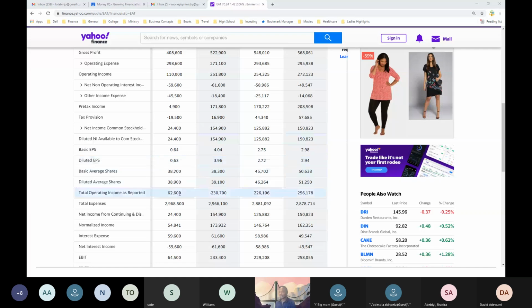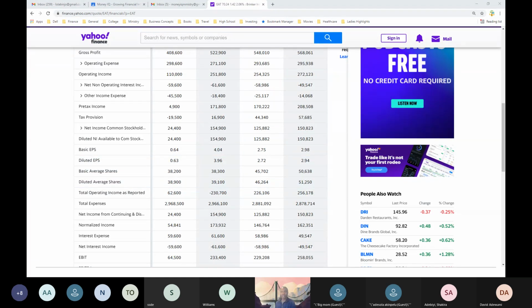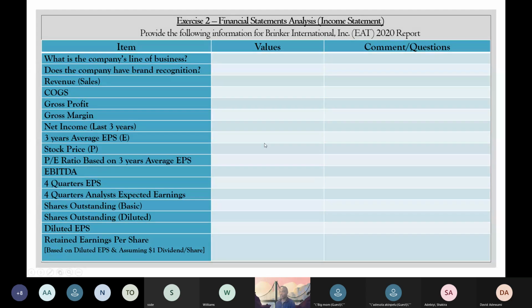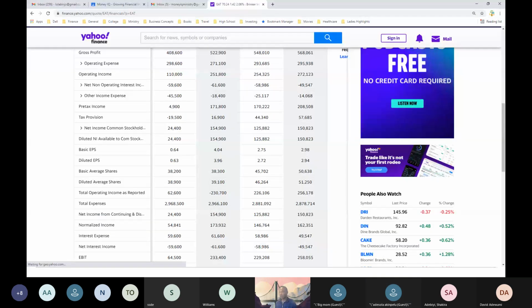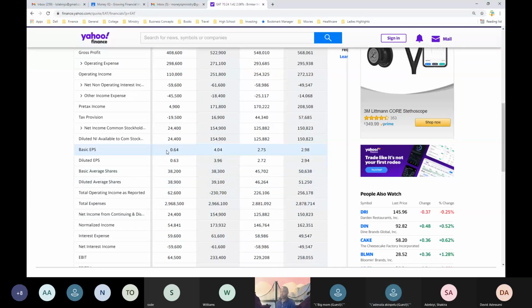So we're looking at the exercise from the last class, and at this moment, we're looking at the question on the PE ratio. We were trying to make sense of what PE ratio means. It means the price per share divided by the income per share, or the earnings per share.